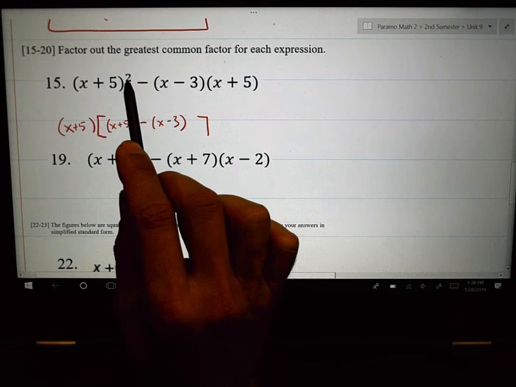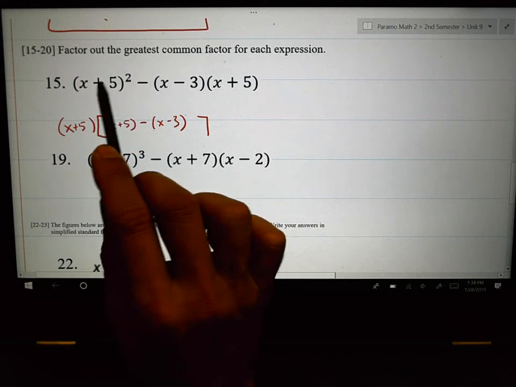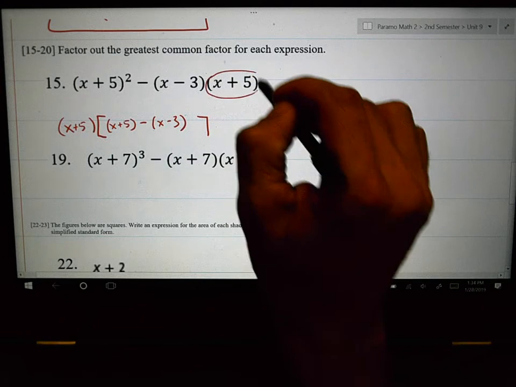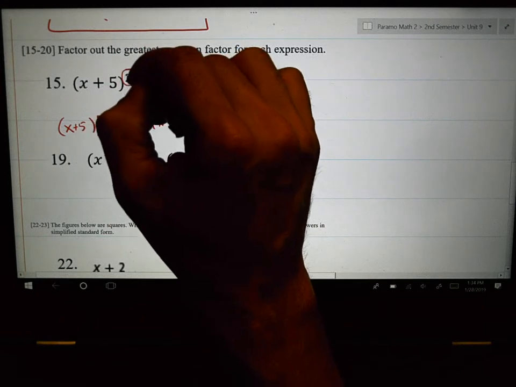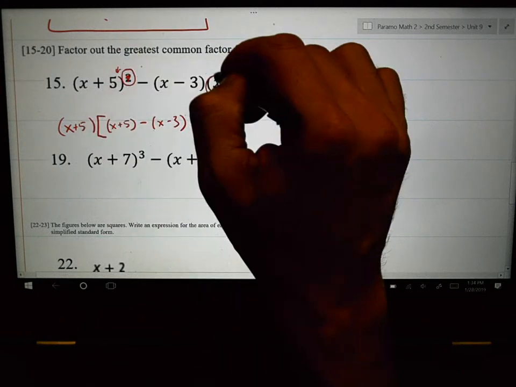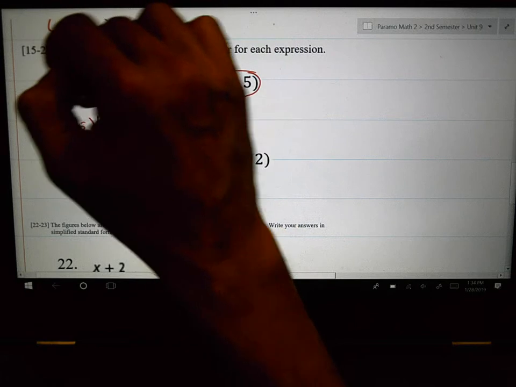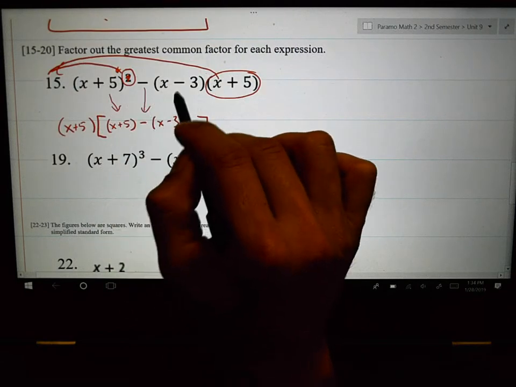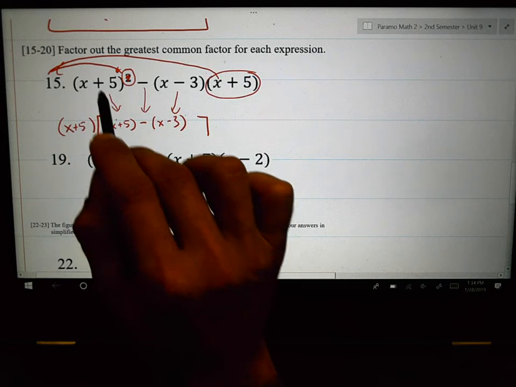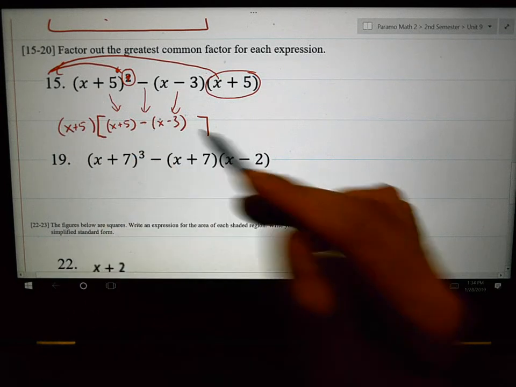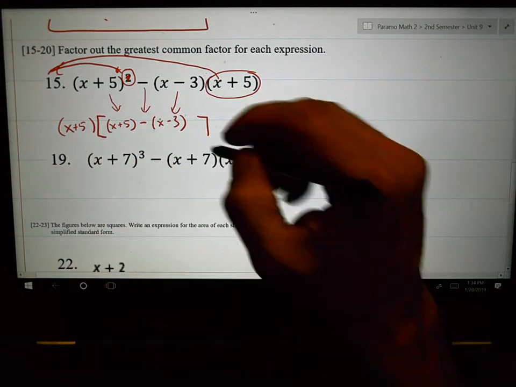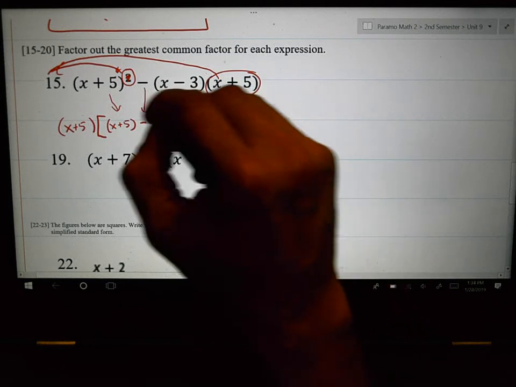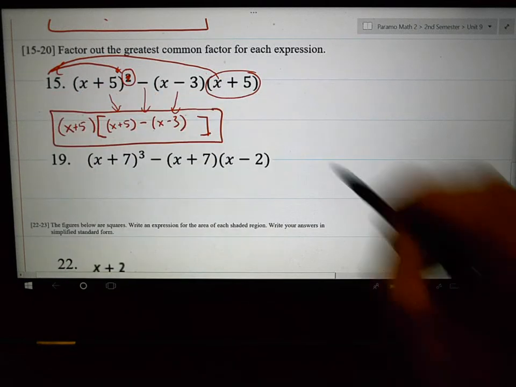You have 2 factors of x plus 5, and x plus 5 times an x plus 5. You have an x plus 5 multiplying this. We're going to just take this and one of the x plus 5s out. And what would be left behind? One of these x plus 5s minus the x minus 3. This times that is that. This times that is that. It's the same thing as what we did before. Now, most of your math teachers are going to like this as your answer.